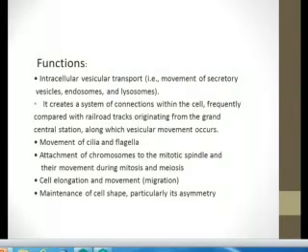So they are giving a track within the cytoplasm for the movement of the vesicles and the organelles.